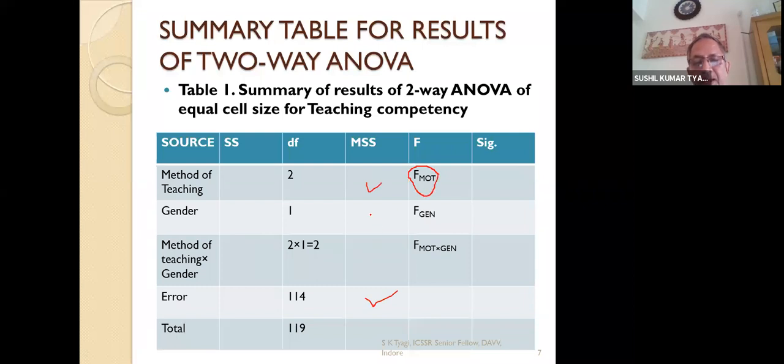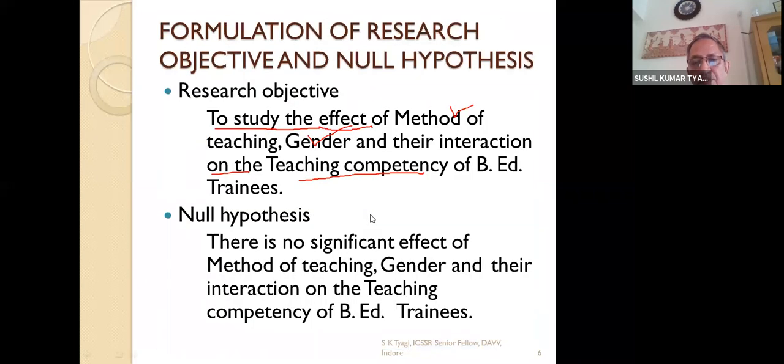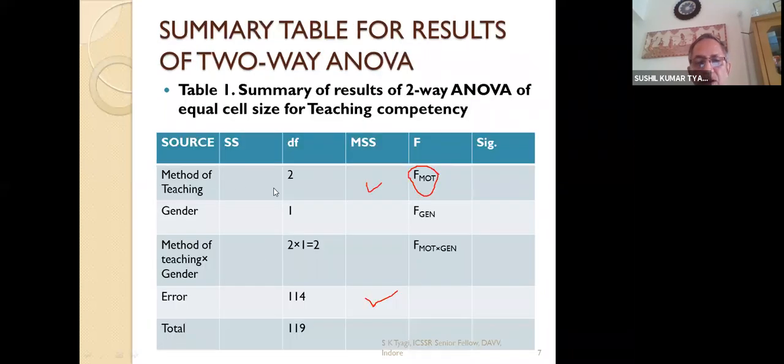Similarly, if you divide MSS gender by MSS error, that is F gender.